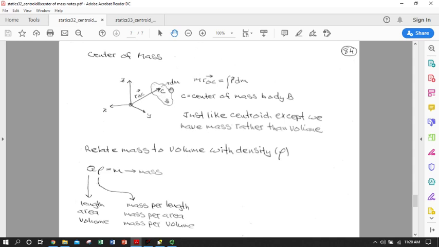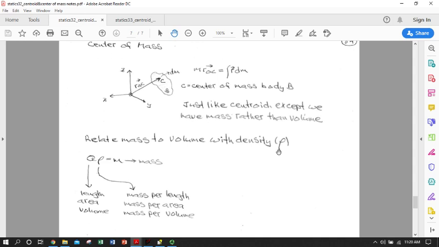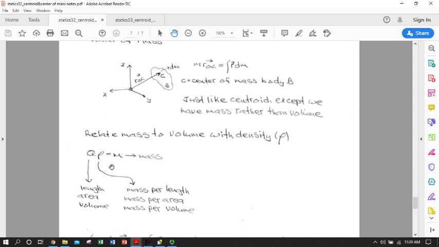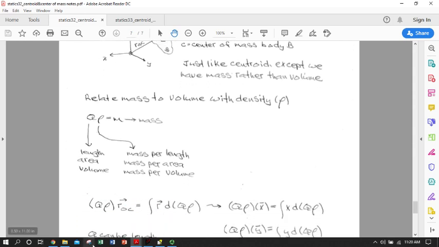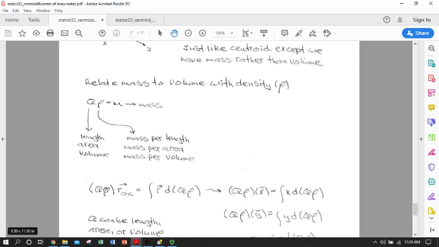So we have the mass of the entire body equaling the radius to any mass point, dm. What's the difference between dm and dv? The density function. So effectively, your center of mass is going to be defined exactly like your centroid, with the exception that you are multiplying by some density function that will be related probably to x, y, or z.